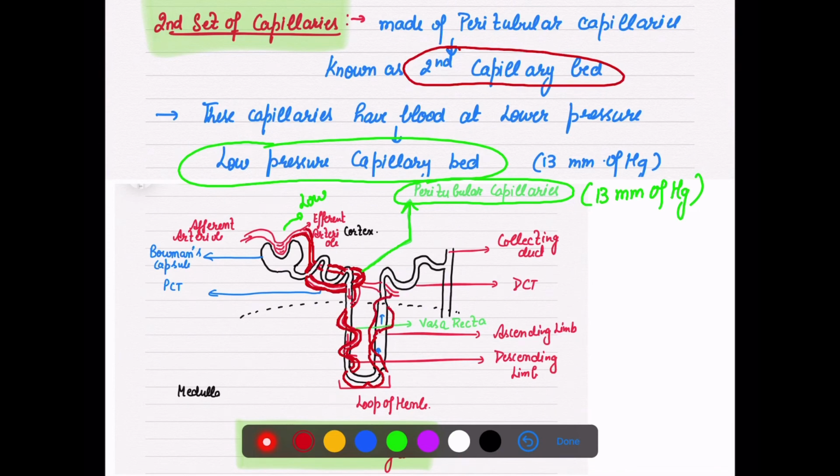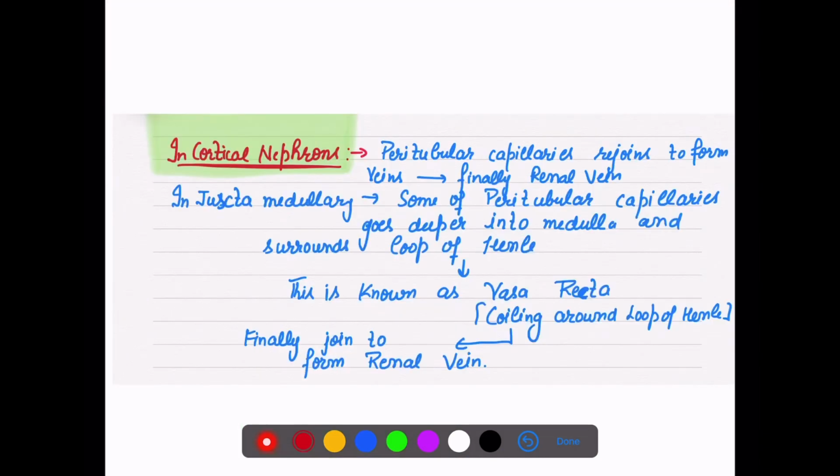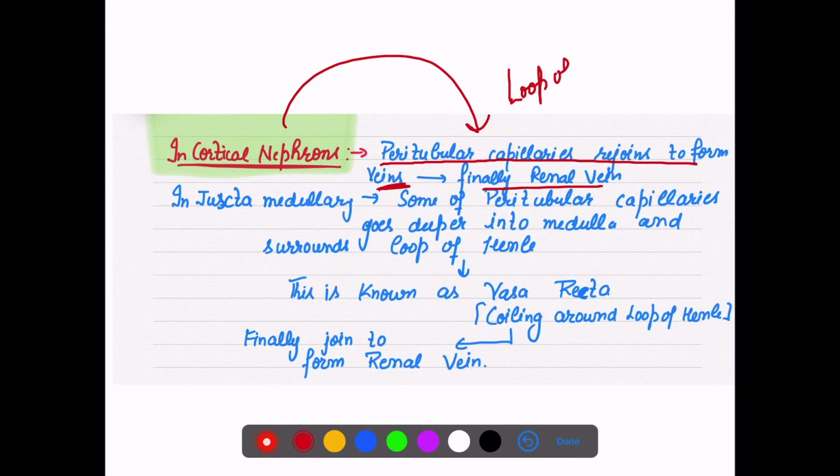Basically these branch out around the complete loop of Henle, and then join with the renal vein, right? So peritubular capillaries rejoin to finally form the renal vein. That happens in cortical nephrons, because in cortical nephrons the loop of Henle is very short.